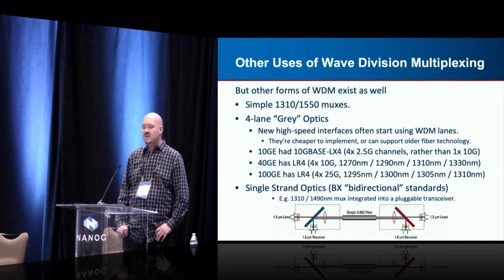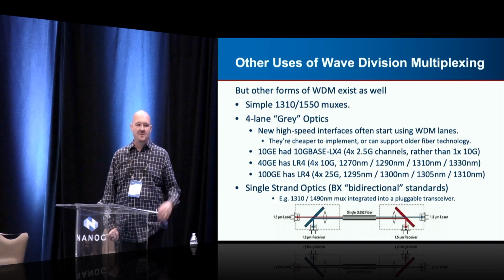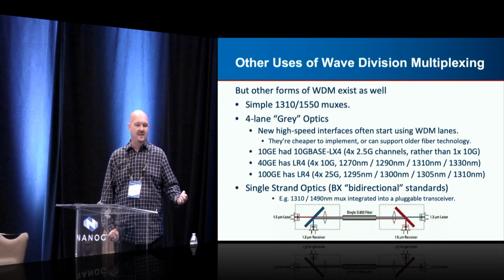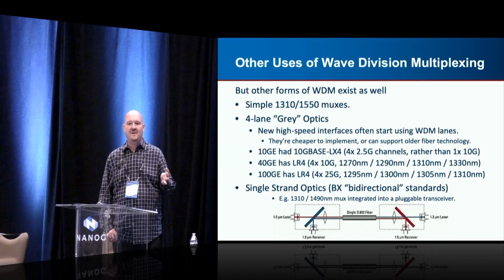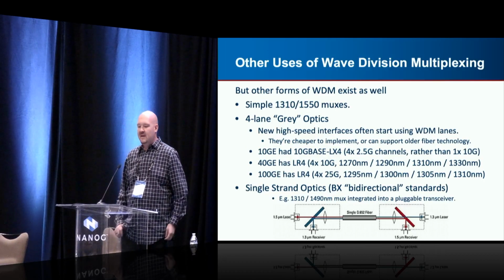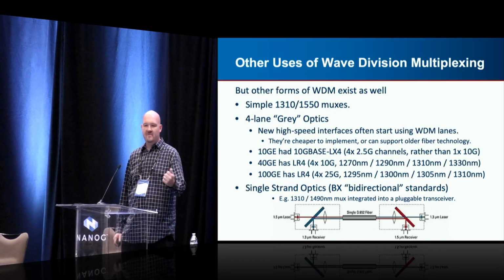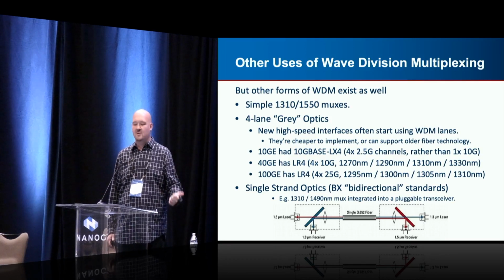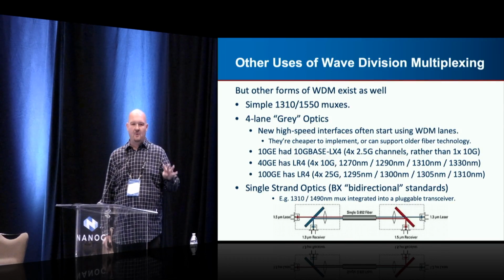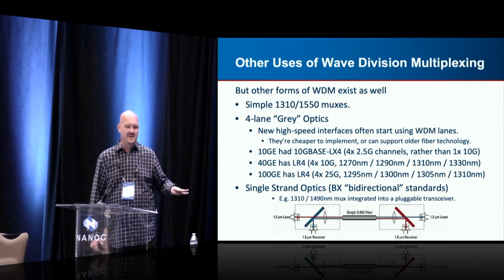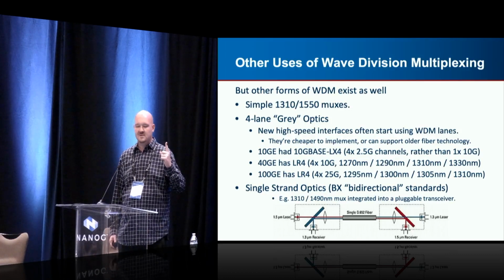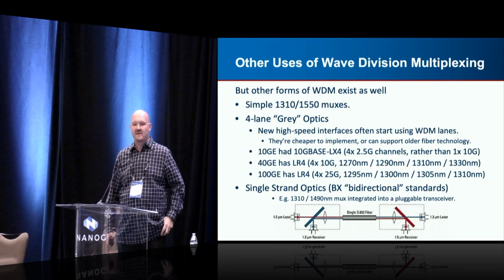So we actually created an early version of 10 gig called LX4, and all it did was run 4 different 2.5 gig waves inside. And it was much cheaper and easier, and it went further, and it was just much easier to work with to use 4 parallel versions of the lower speed signal than it was one high speed version.